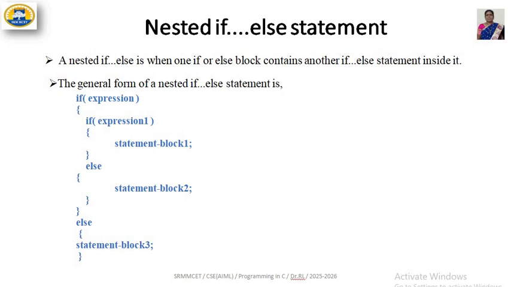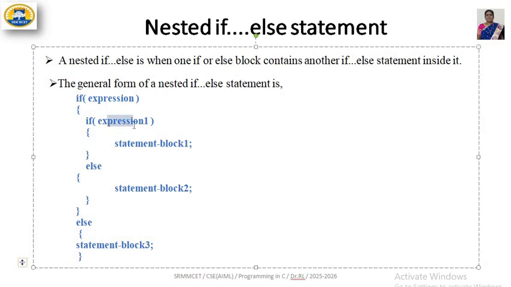That is, if the expression is false, statement block 3 will be executed. Otherwise, the execution continues to evaluate expression 1. If it is true, statement block 1 is executed. Otherwise, statement block 2 is executed.